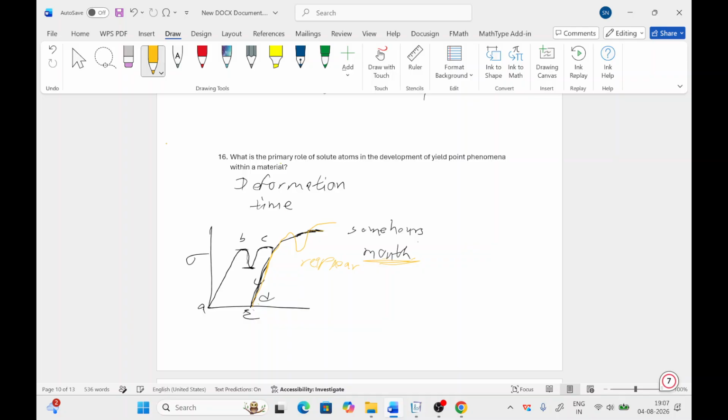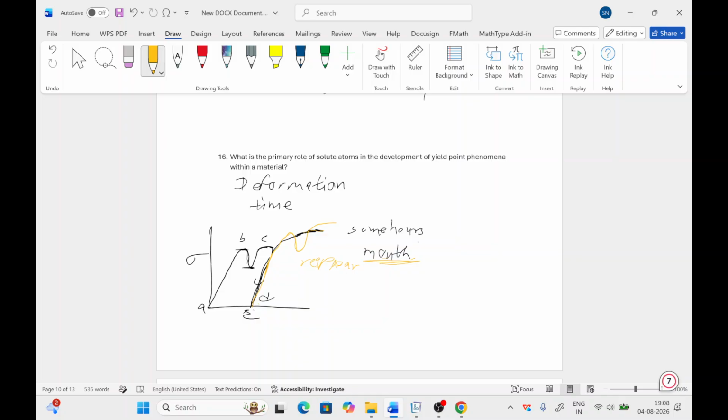But if we keep our sample for months, that time duration is increased. So with time, at room temperature only, these solute atoms again go to the dislocation core and lock them from moving further. So that's why this yield point will reappear when we reload it after months.